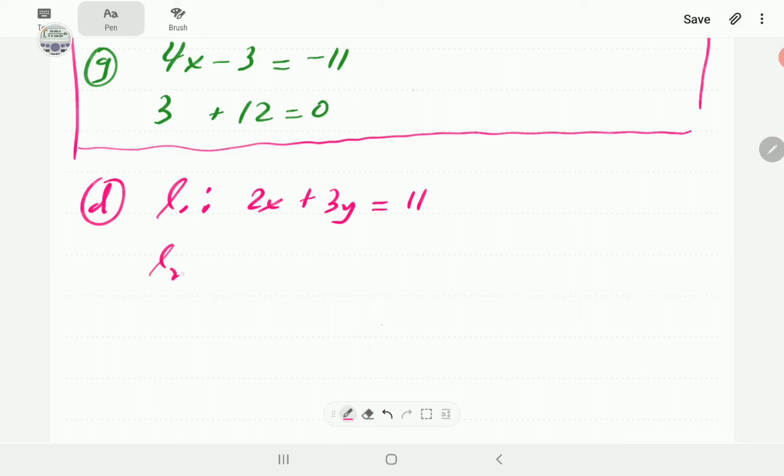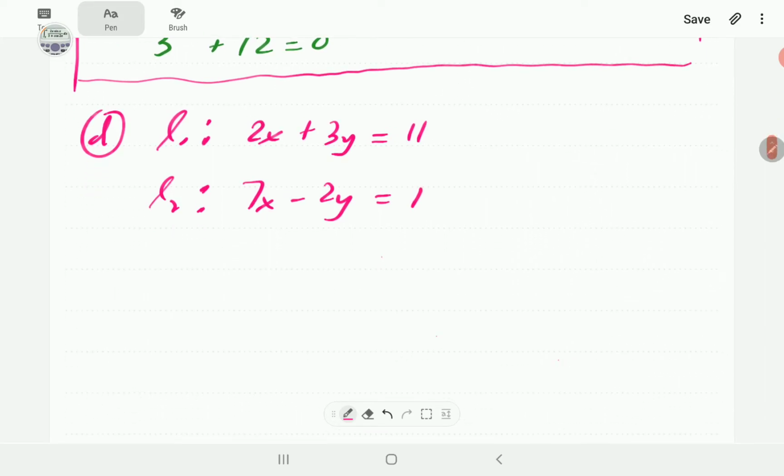L2: 7x minus 2y equal to 1. We're going to write these two equations in standard form so that we can extract the gradient m and the y-intercept c.